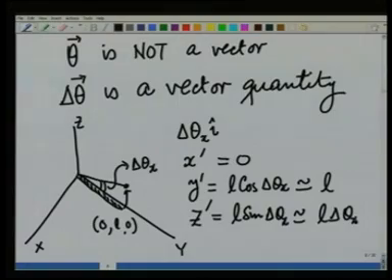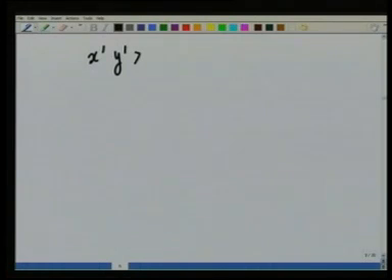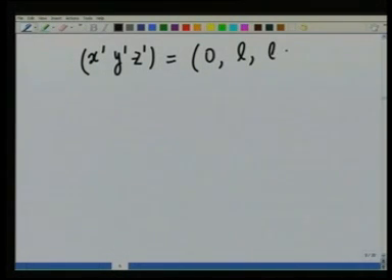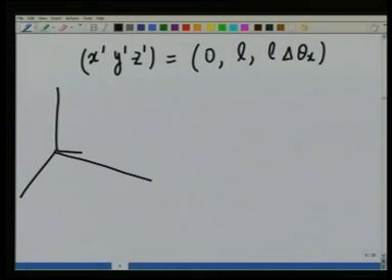So, the new coordinates after the first rotation for the end of the rod that I get are x prime, y prime, z prime equals 0, L and L delta theta x. This is after I gave it the first rotation about the x axis.